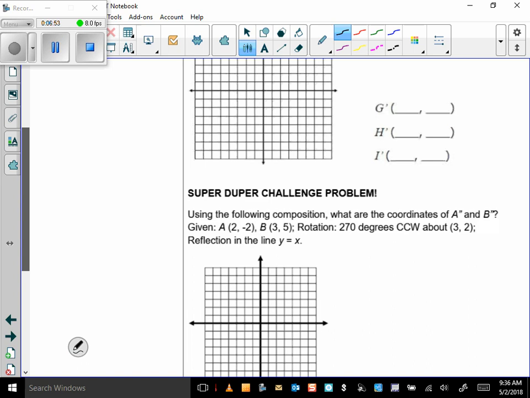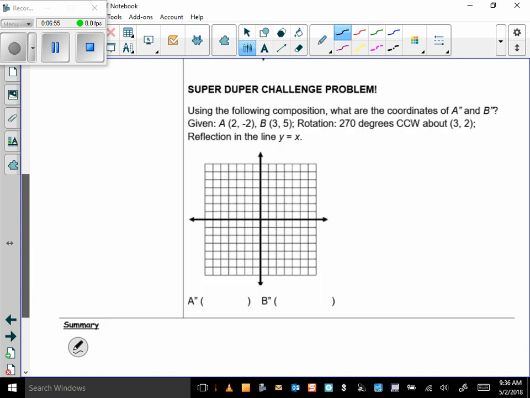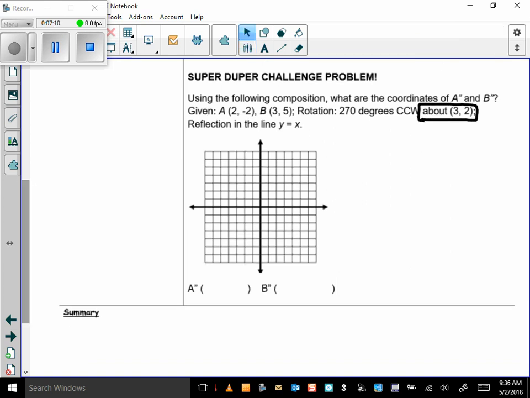Now here I've written one as a super duper challenge problem. And I'll give you a hint of how I do a problem like this, because what makes this difficult is that I'm not rotating about the origin. I'm rotating about this point right here, 3, 2. So let me draw that on my graph. Point 3, 2: 1, 2, 3. So there's my center of rotation.